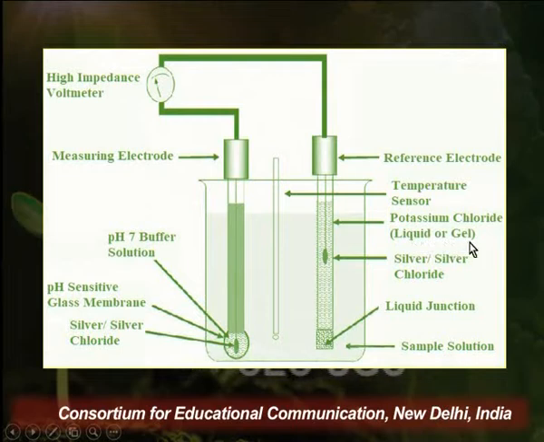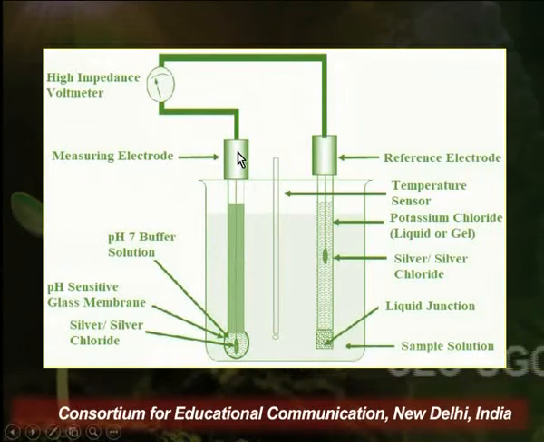The reference electrode is dipped in a liquid medium or a gel medium, usually made up of potassium chloride, and they are generally made up of silver chloride. So this reference electrode is also called an unvarying electrode because its potential does not vary, it is mostly constant. Now there is a second electrode in any pH meter that is called the measuring electrode.